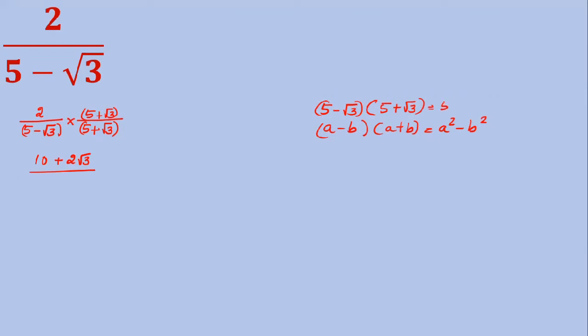So 5 minus root 3 into 5 plus root 3 is equal to 5 square minus root 3 square. So 10 plus 2 root 3 divided by 5 square is 25 minus root 3 square is 3. So 10 plus 2 root 3 divided by 22.